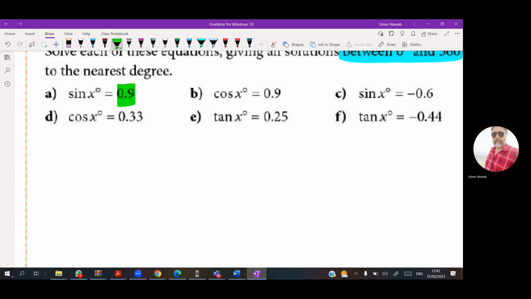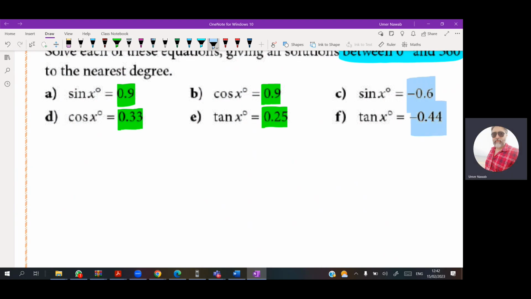Positive, positive, negative, positive, positive. This is negative, and this is also negative. Positive tells you x will be in which quadrant, where the sign is positive.